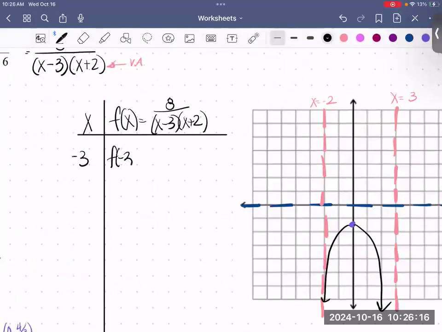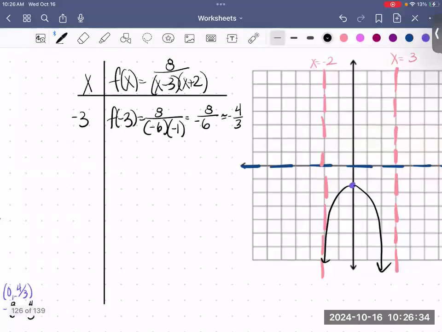So f of -3 is equal to 8 over, let's see, that's -6 times -1. So we get 8 over -6, so -4/3. So we're going to be decreasing over here. If we wanted some more points to plug in, maybe we try a -4.